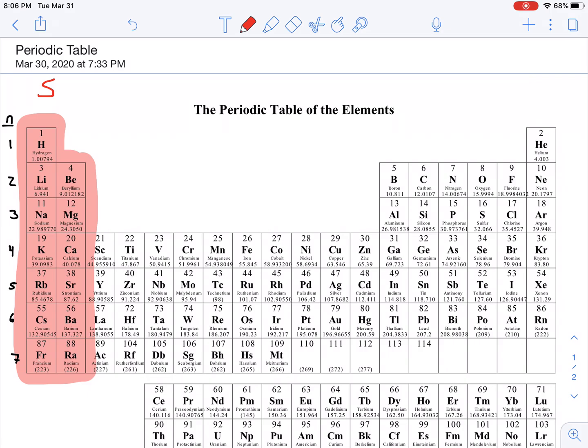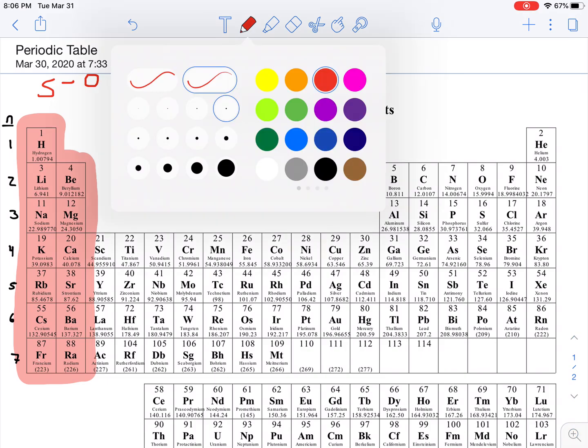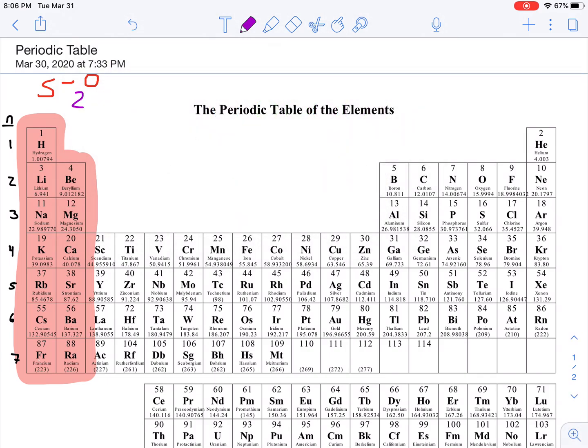If you remember back, S has one shape, right? So S can only have spherical orbitals. It's only number 0. It can only hold a grand total of 2 electrons.